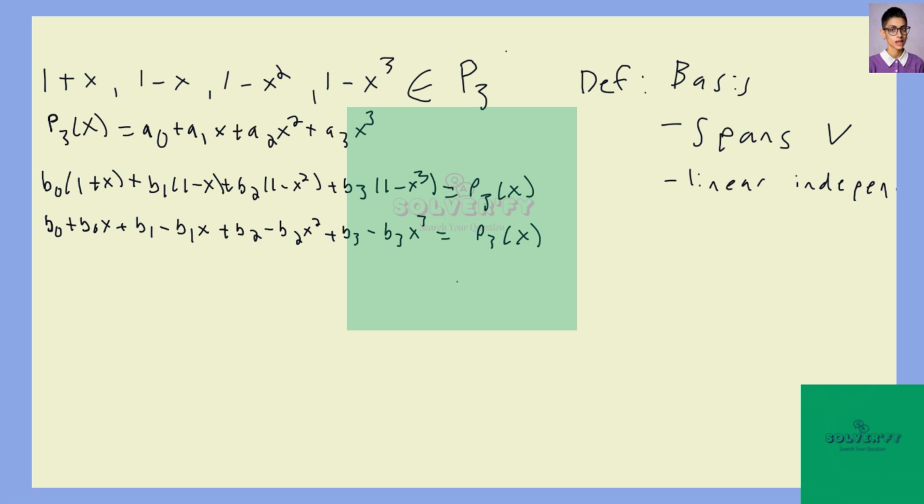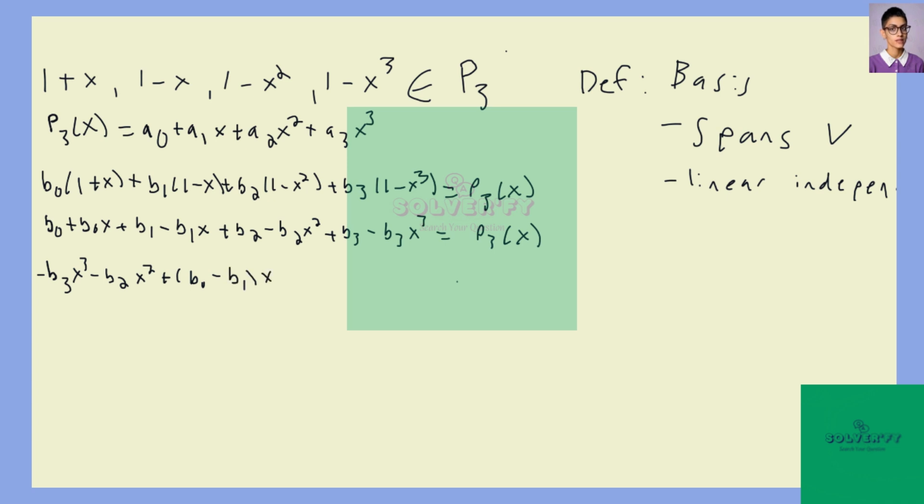And so let's collect our terms by degree now. We only have one term of degree 3, and that's negative b3 x cubed. And then we have one term of degree 2, negative b2 x squared. And then we have two terms of degree 1, so we have b0 minus b1 times x.